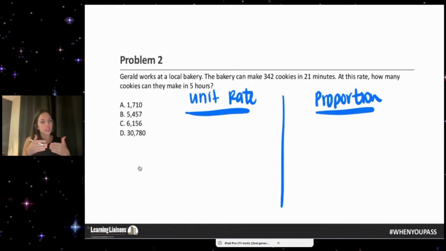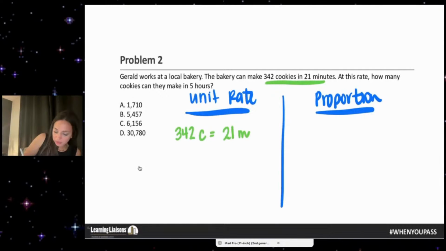So if we're going to do it using a unit rate, the bakery can make 342 cookies in 21 minutes. So how many cookies can they make in 1 minute?